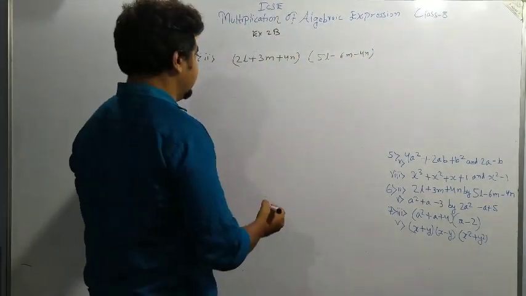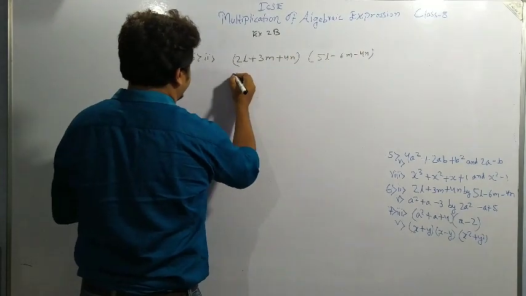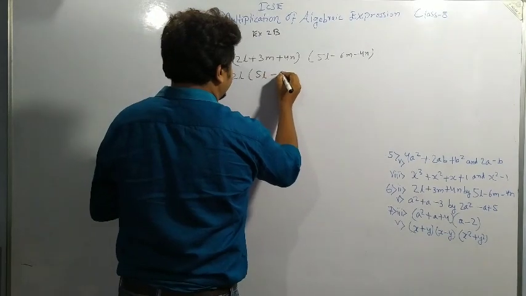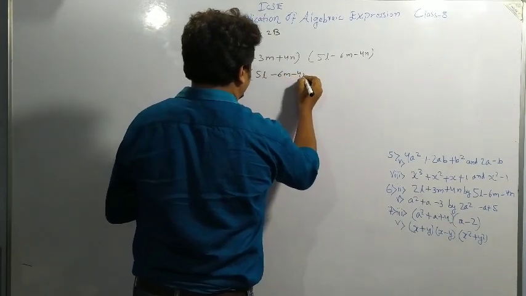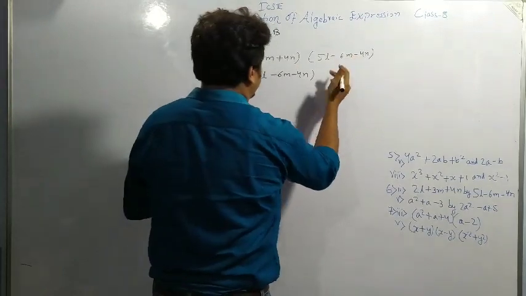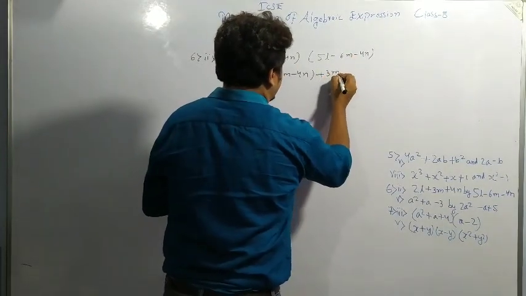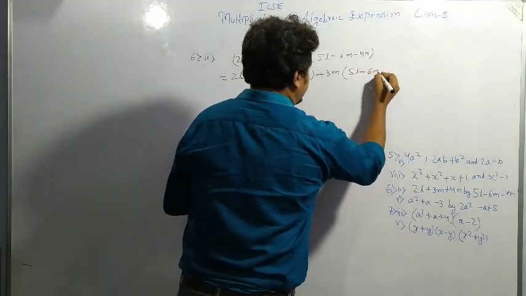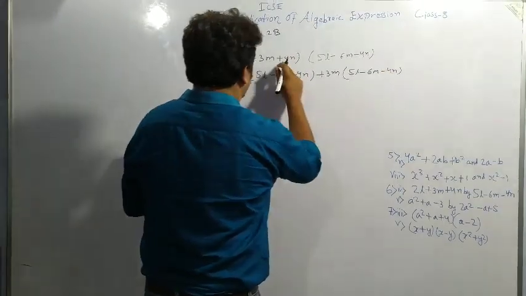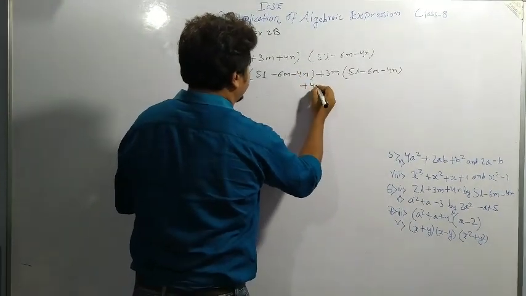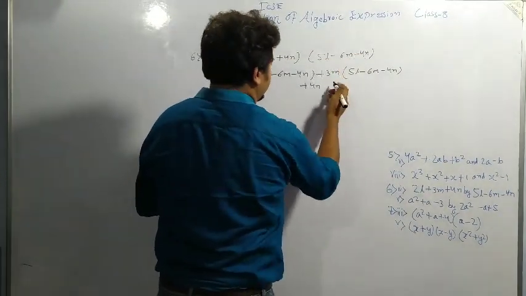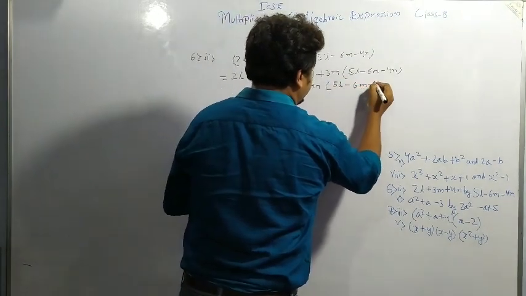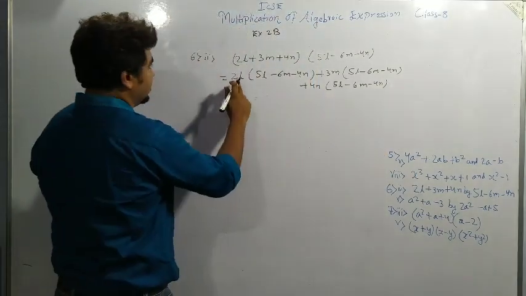So this we have to multiply. 2L into the entire term, 2L into 5L minus 6M minus 4N. 2L into this entire term. Then 3M into this entire term, 5L minus 6M minus 4N. Then plus 4N into the entire term, this 5L minus 6M minus 4N. So this will be multiplied.